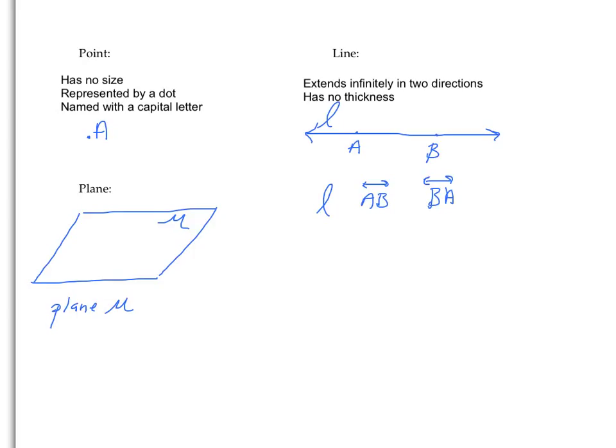So we think about a plane as being a flat surface that extends in its length and its width. We might also see planes in three-dimensional objects. For example, if you think about a prism, like a shoebox.